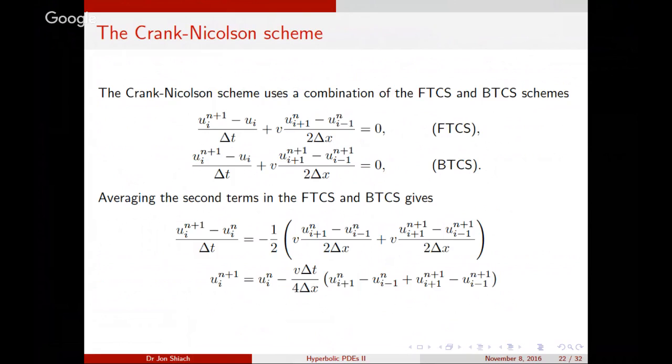Now this is an implicit relationship, because what it says is, I want to find the value of a node at the n+1 time step, but that depends upon the values of the nodes at the n+1 time step. So if I calculate this, that's going to have a number, but that's going to change that number. And if that number changes, that number changes. So we have a circular relationship, an implicit relationship.